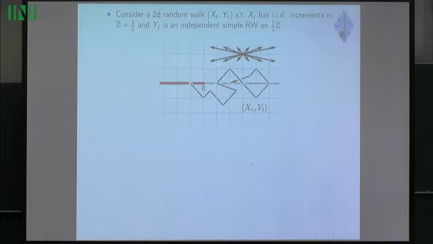But I want it to be such that when it returns to the axis, it does this at integer values. So then I have to choose the vertical walk y(t) to be an independent simple random walk on the half integers, and the horizontal walk x to take steps that are an integer plus 1/2. Okay. So these are walks with such kinds of steps.